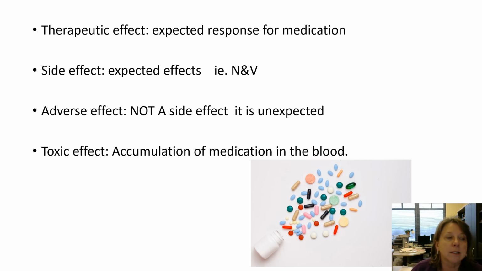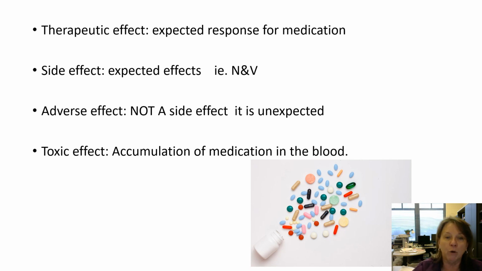And then we have toxic effect, and the toxic effect is as simple as it sounds. It's an accumulation of medication in the blood. So for whatever reason, we are piling up this medicine. So one of the things, like if you have an elderly client and you give them pain medication, because they have decreased nephrons in their renal system and their kidneys, because everything is slowed down with the elderly, they hold on to things.